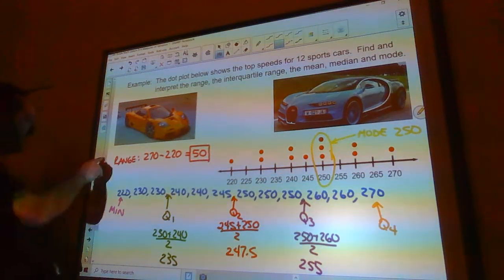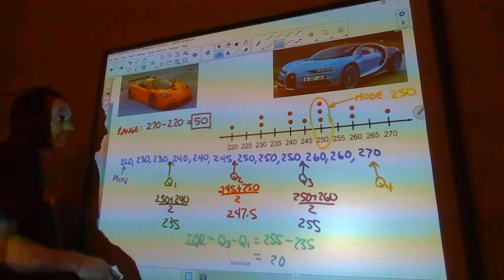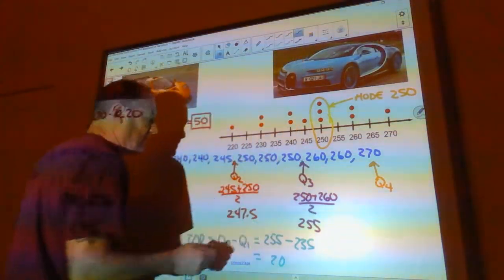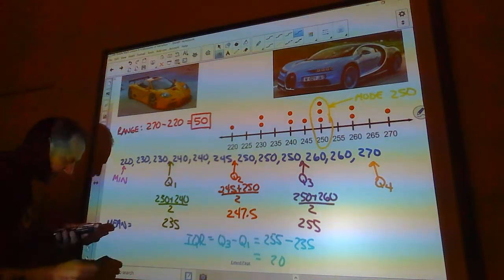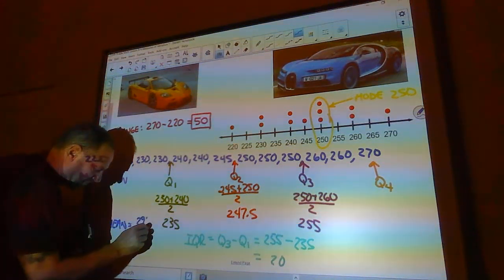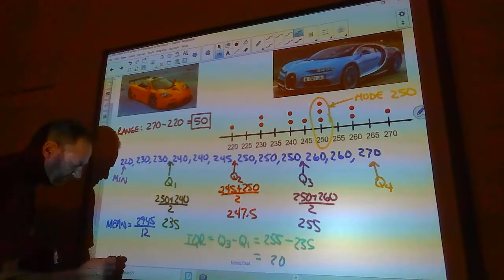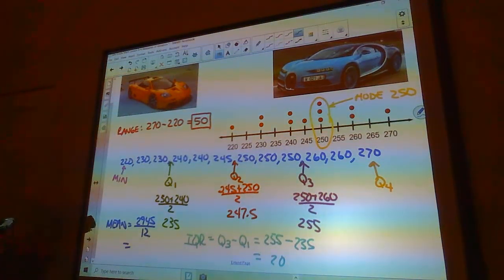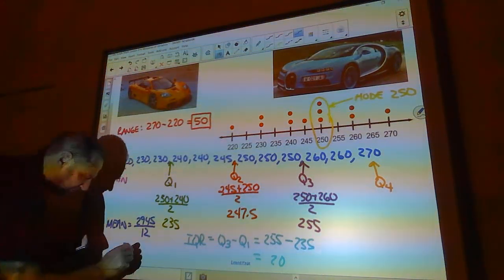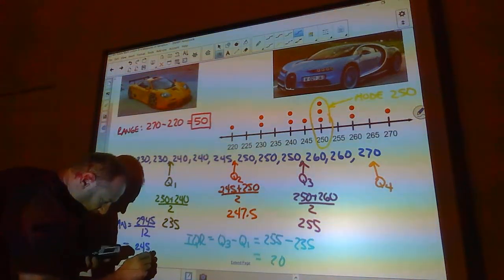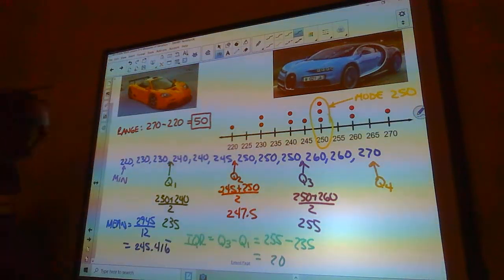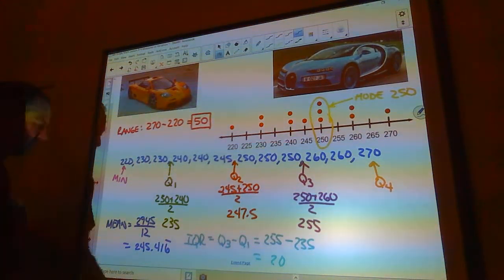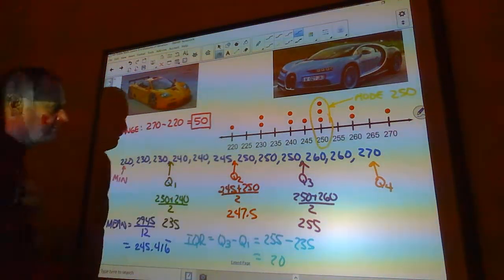So I add all that up. So the mean, when I add all that up, is going to be 2,945 divided by 12, because there's 12 data points. That's going to be 245.416 repeating. Okay, so that would go right about here, right about Q2.